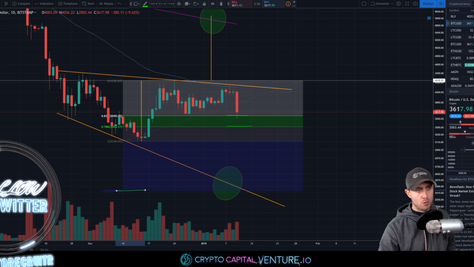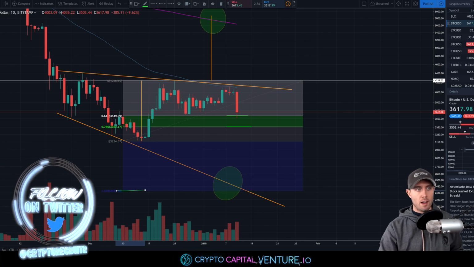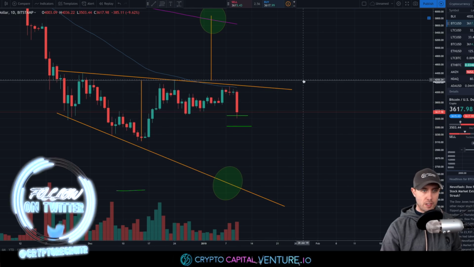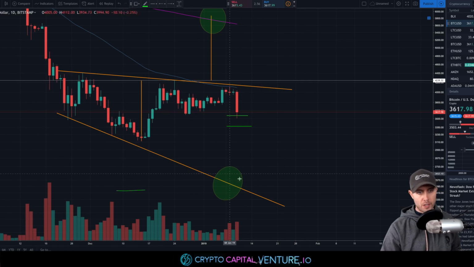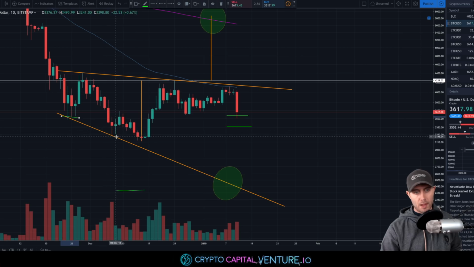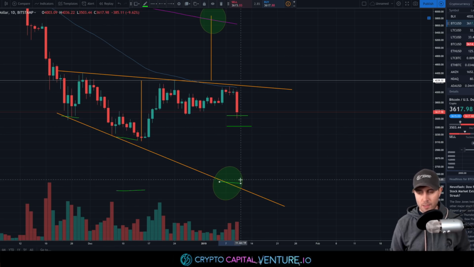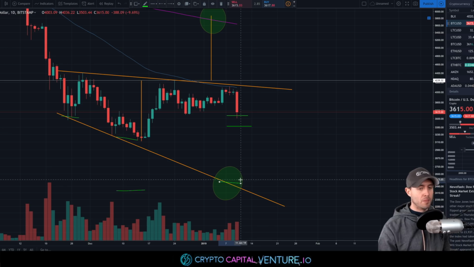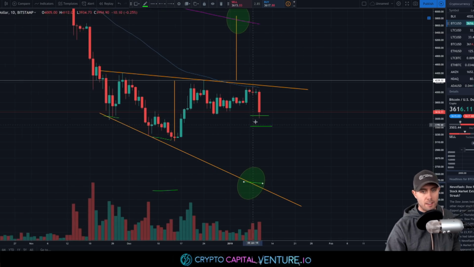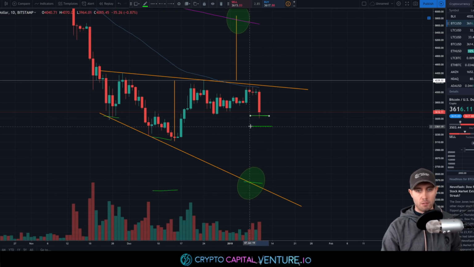And that's a huge target for this broadening falling wedge that you see on the screen. It really will be a confirmation for a third touch at the bottom of this wedge if we get it. So that is the downside. We've been talking about this on the channel. Please just be aware of it, be ready for it. If you are keen on accumulating Bitcoin, there's potential that we get there if this short-term support right now does not hold.